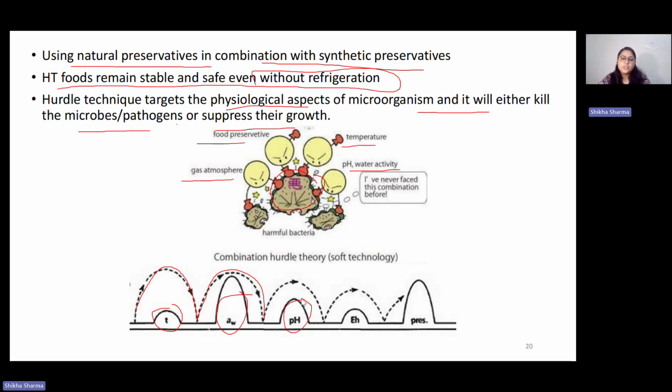Then we are applying pH. Microorganism can grow here also. Then we are applying redox potential. Then microorganism is able to grow here. Then we have some preservatives. So here microorganism is not able to cope up with this hurdle. So we can have multiple hurdles in combinations in the hurdle technology.